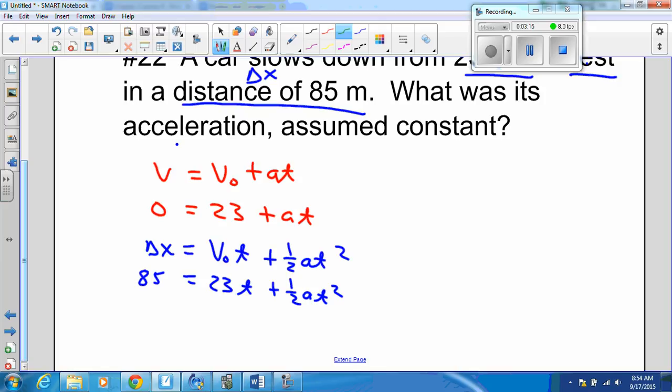We can solve. The fact that I have two equations and two variables is a green light for me to now go solving with the two techniques that you learned in Algebra 2.